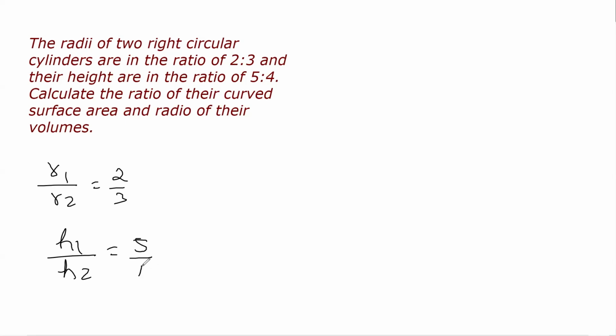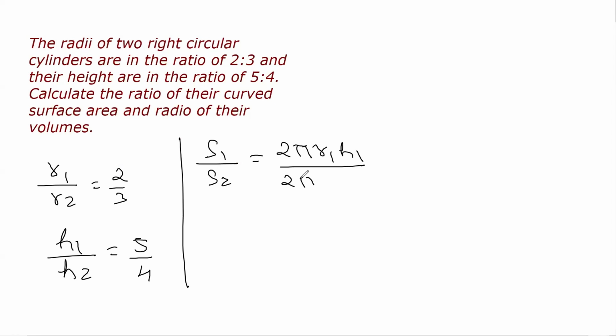Now in the first part, what we have to find out is the ratio of their curved surface area. Let's say S1 is the surface area of the first and S2 is the surface area of the second. So the curved surface area of a cylinder is what? 2 pi RH, but over here we'll be writing 2 pi R1 H1 for the first, and this would be 2 pi R2 H2.